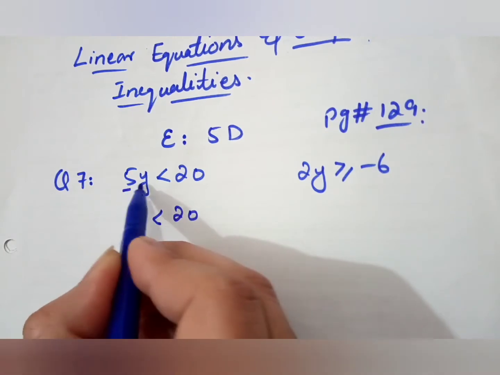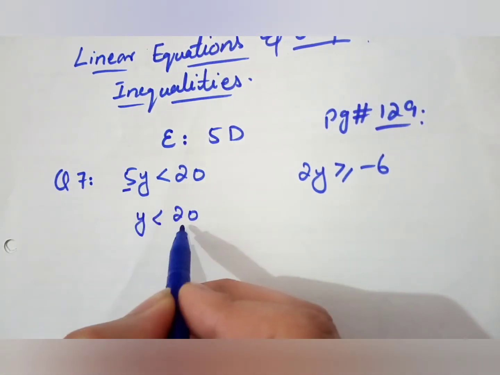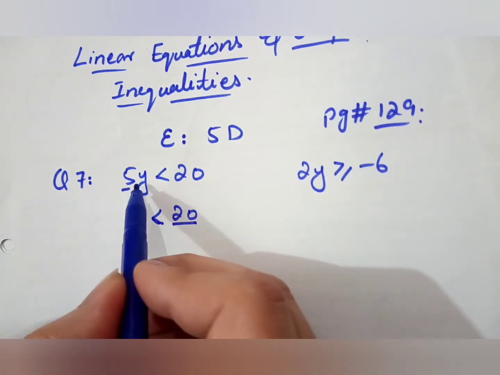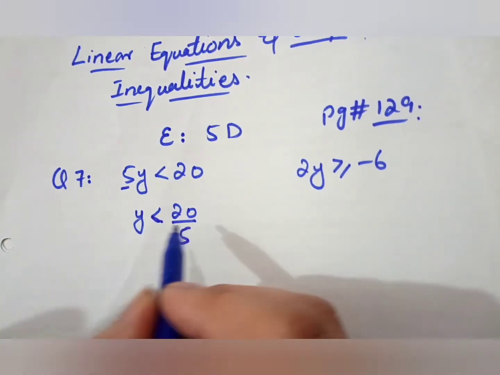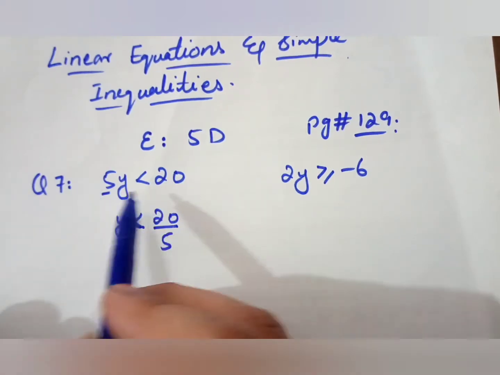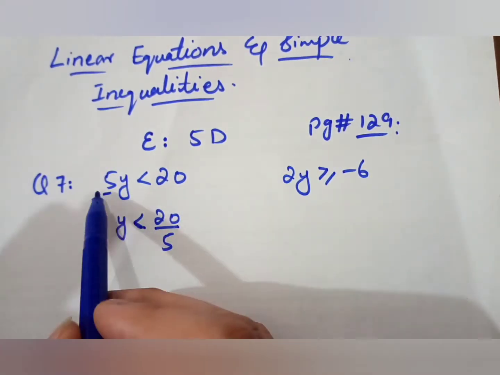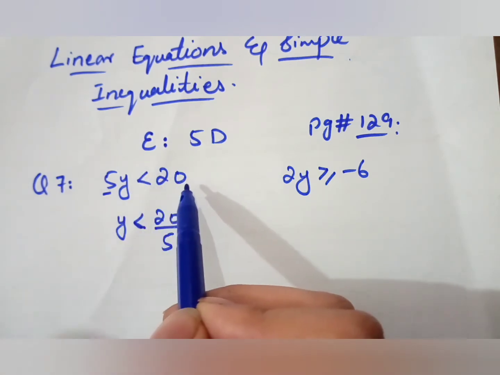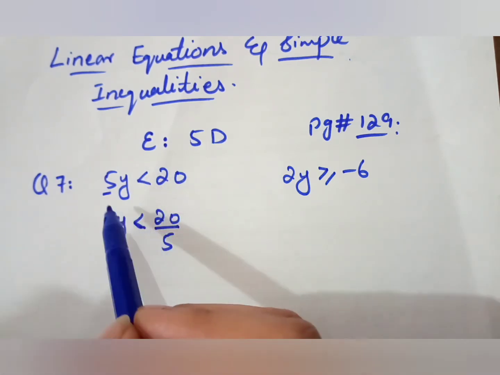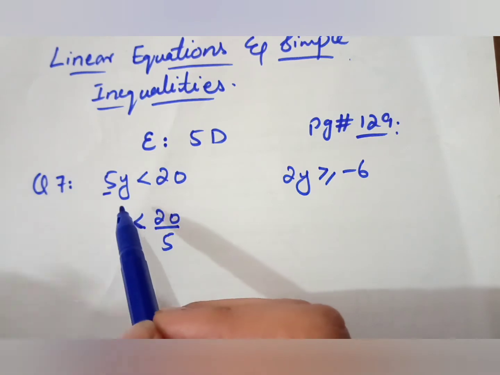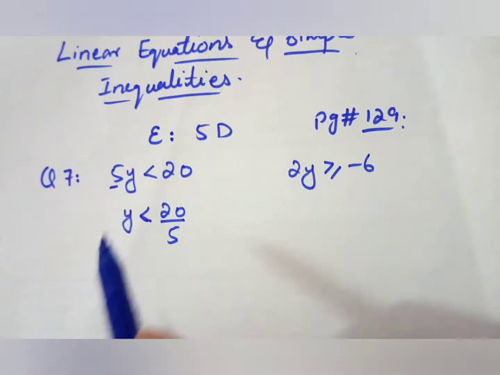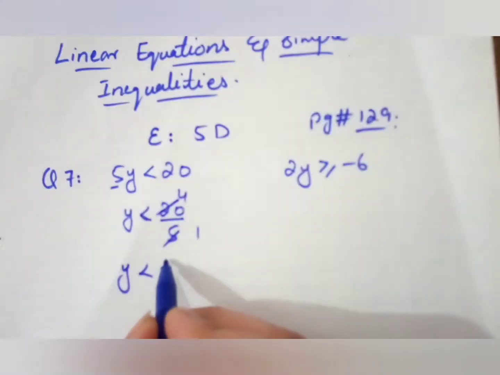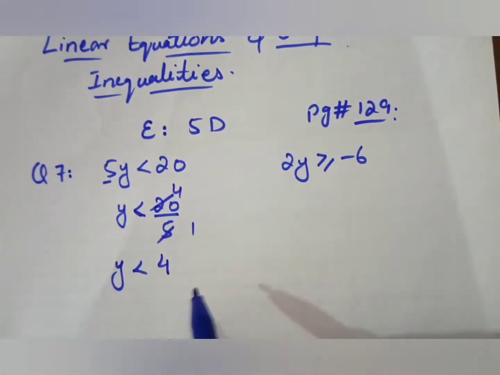As 5 is multiplied with y, on the other side of the sign it goes into division. Whenever you move terms from one side to the other, the operation is inversed. If they are multiplied, then on the other side of the equal or inequality sign they become division, and if they are divided, they go towards multiplication. Now 5 ones are 5, 5 fours are 20. So y < 4.